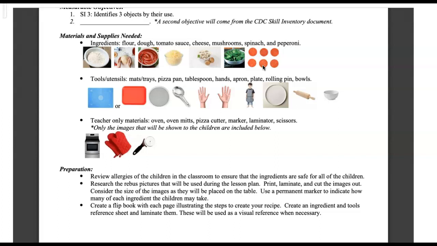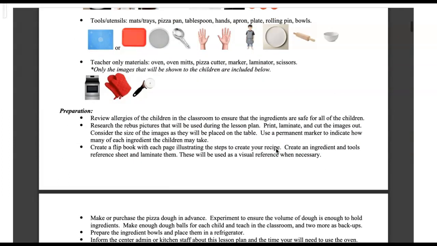Obviously, they'll be larger on your Rebus picture flipbook for the children, but these should be bold and bright and clearly identifiable items and images for the children. Tools and utensils that'll be used include the following: mats or trays, pizza pans, tablespoons, hands. With Rebus pictures, you'll see that every step of the process is going to be illustrated with an image.